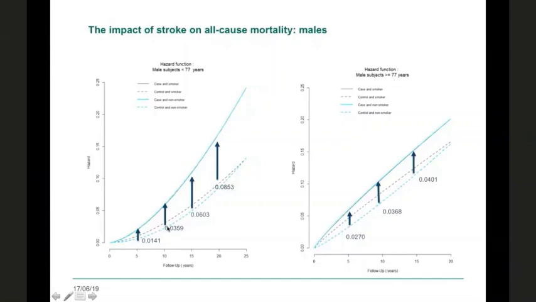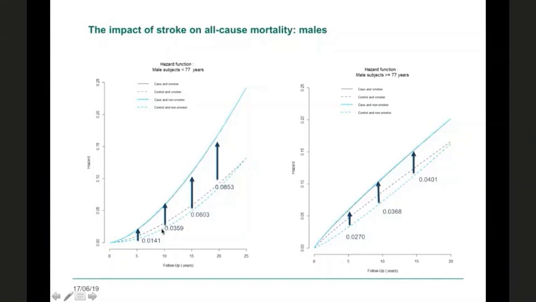The blue dashed line represents patients who didn't have stroke and who were non-smokers. The gray dashed line represents people who didn't have stroke but who smoked, and the solid blue represents people who had stroke and were smokers at the same time.